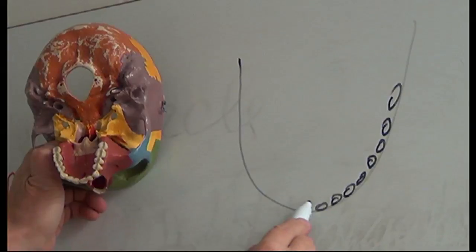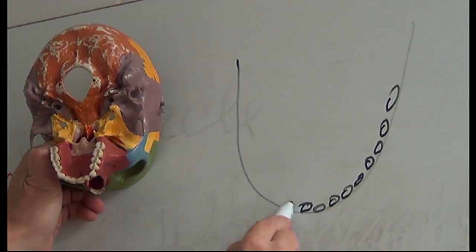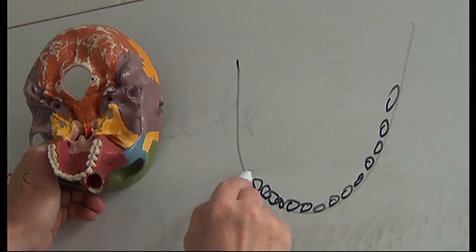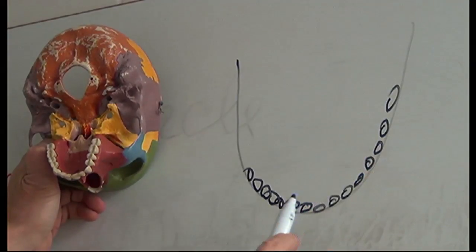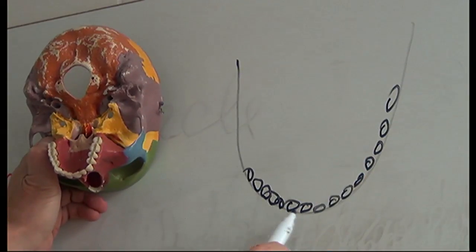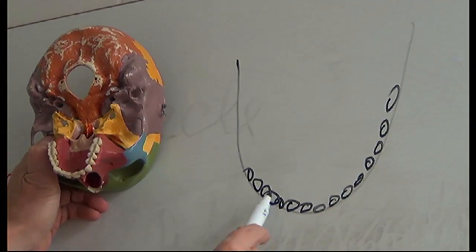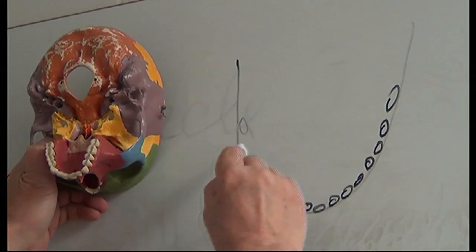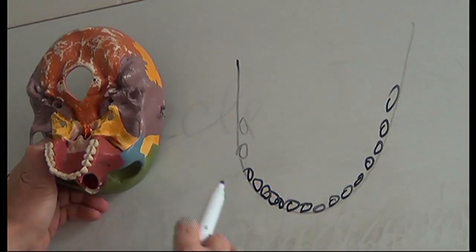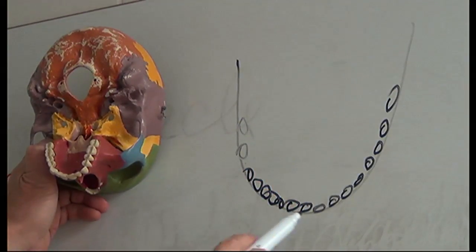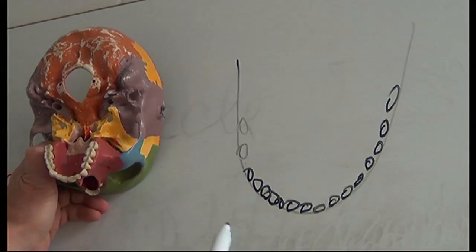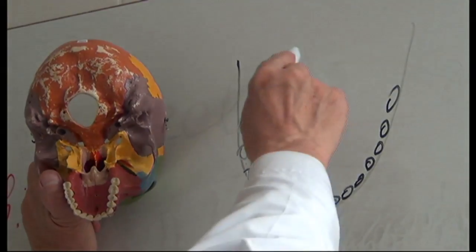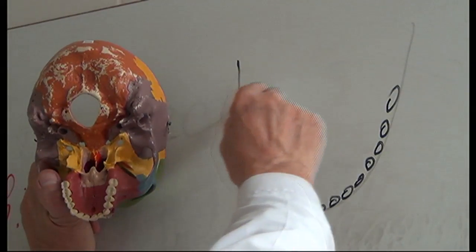Do you know how many teeth we have? Sure, 32. 1, 2, 3, 4, 5, 6, 7, 8. Now, I'd like to do it symmetrically, but if I make a mistake in the count of teeth, be more careful.